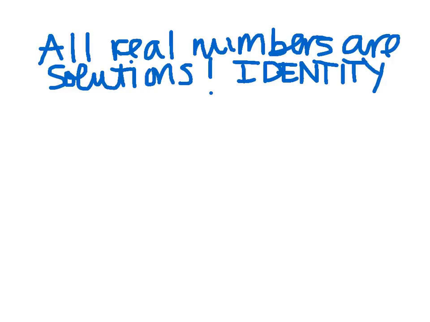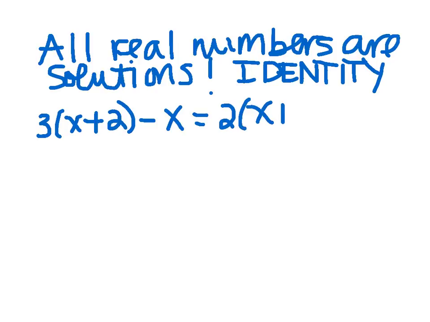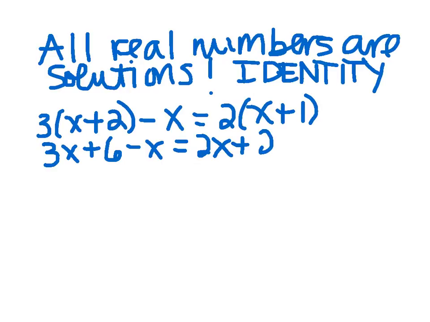Think of identical twins. Okay, on the other hand, if I solve an equation that looks like 3 times (x plus 2), minus x, is equal to 2 times (x plus 1), I can do all my algebraic procedures. 3x plus 6 minus x equals 2x plus 2.